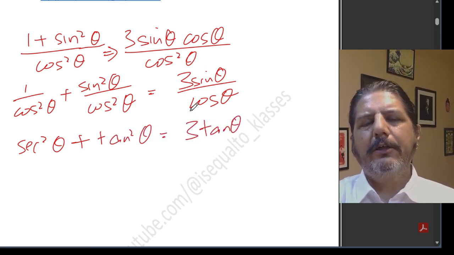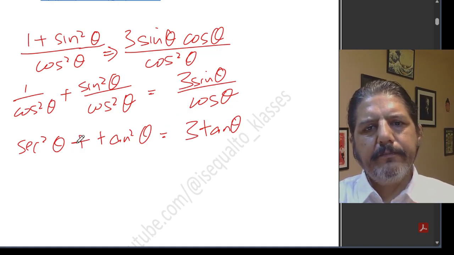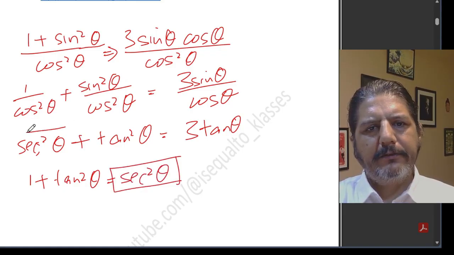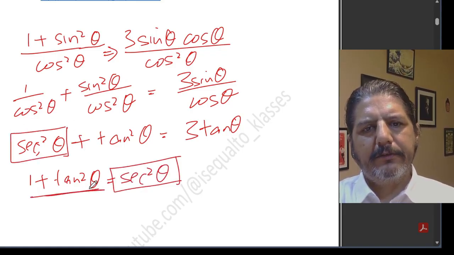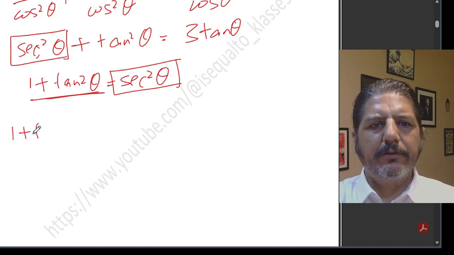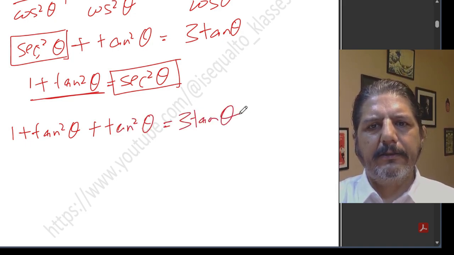Now, slowly you will understand that this is becoming a quadratic equation. Why? Because 1 plus tan² theta equal to secant² theta. So I can replace this secant² theta by 1 plus tan² theta. So this will become 1 plus tan² theta plus tan² theta would be equal to 3 tan theta.